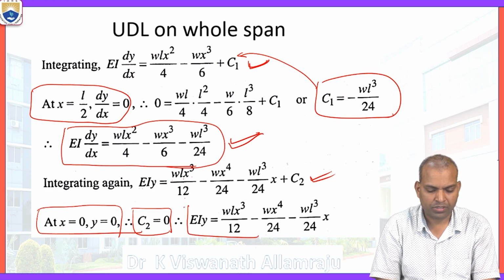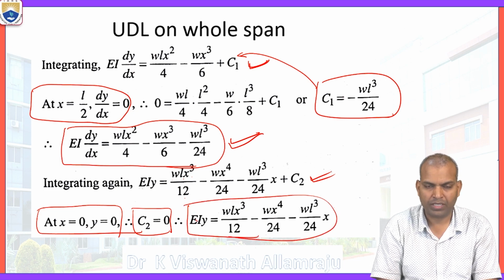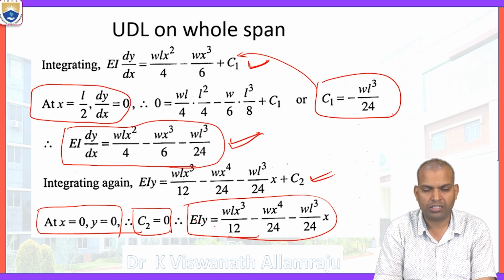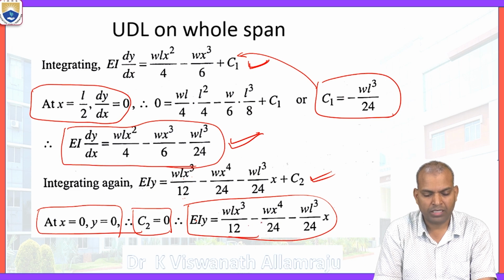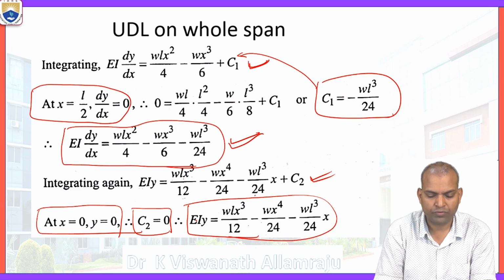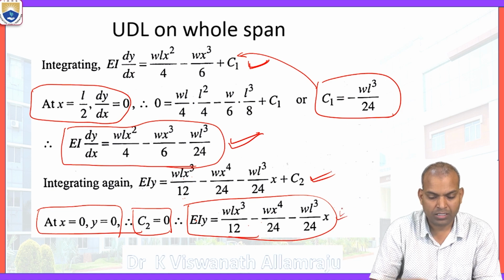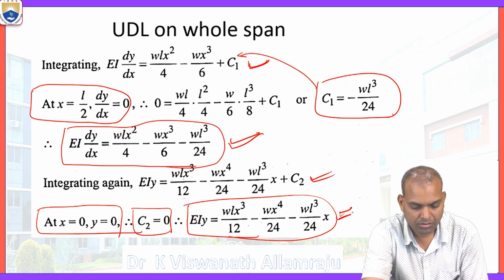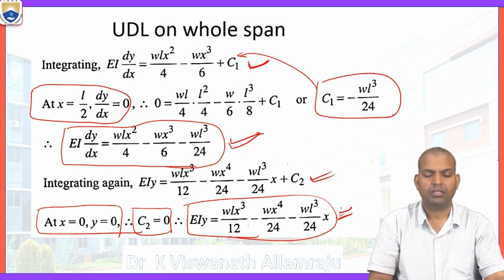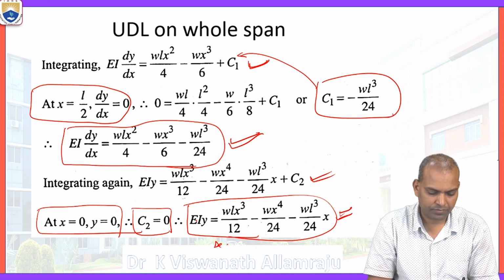Substituting back the C2 value, the deflection equation is EI y equal to wLx³/12 minus wx⁴/24 minus wL³x/24.